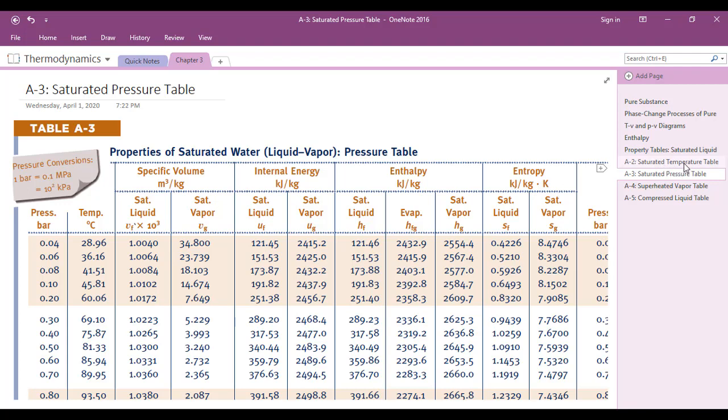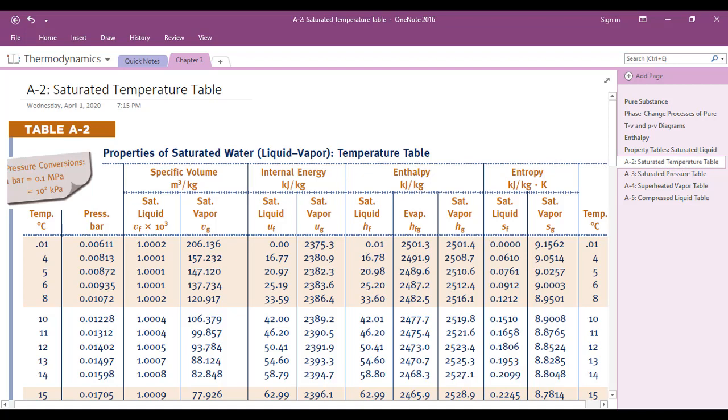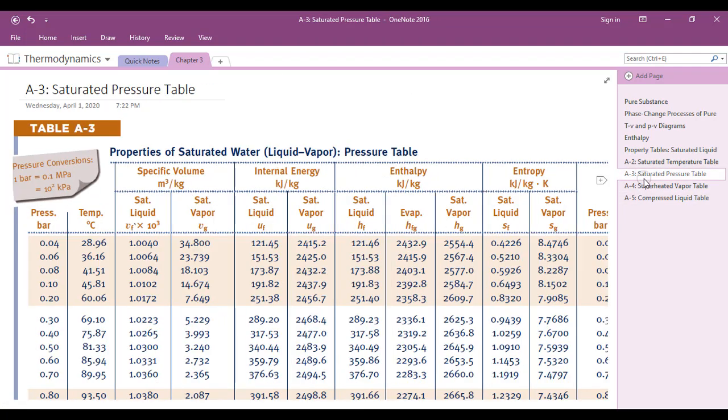A2 is the temperature table, and since the first column in this table is the temperature, it is mainly used if the temperature is known. So if we know the temperature, we use the temperature table, and for the saturated pressure table, if the pressure is given, we use table A3 or the pressure table.